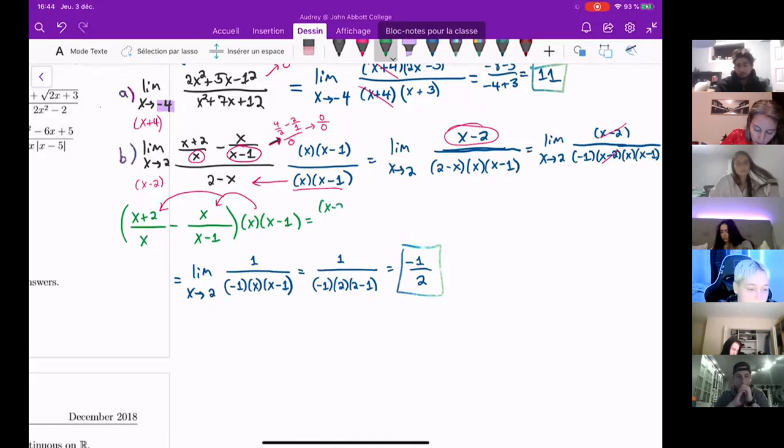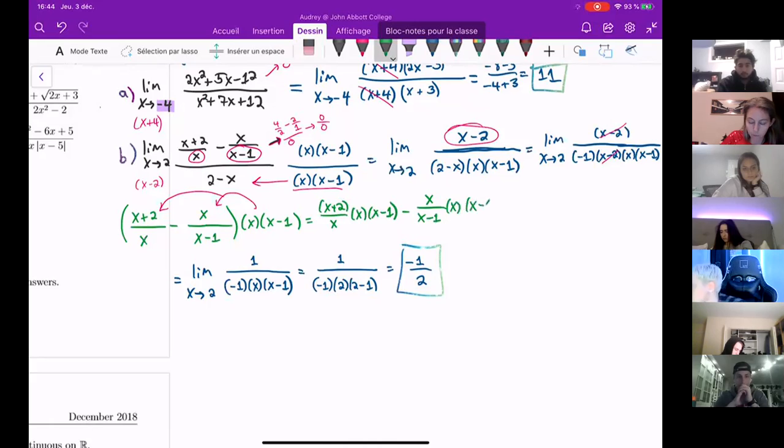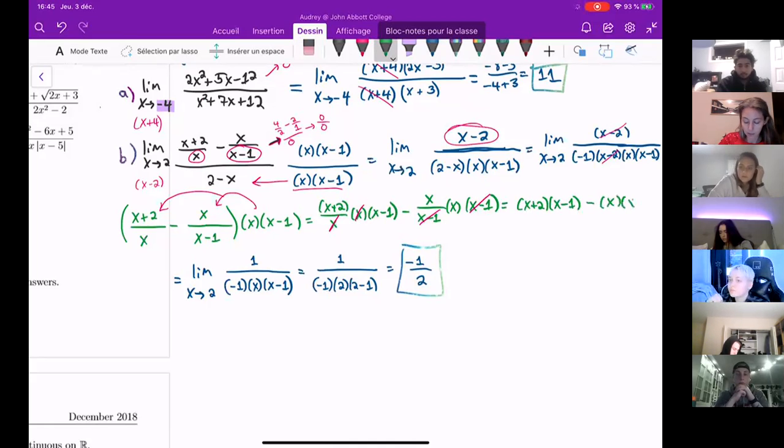So I'm going to have x plus 2 over x times x minus 1, minus x over x minus 1, times x minus 1. What ultimately happens in the first term is that those x's cancel out, and what happens in the second is that those x minus 1's cancel out. So then I have x plus 2 times x minus 1 minus x times x.